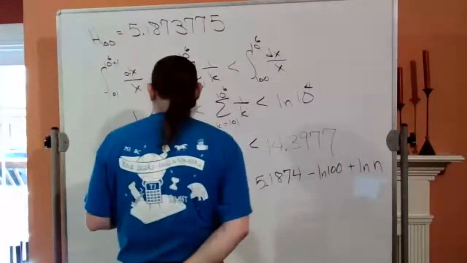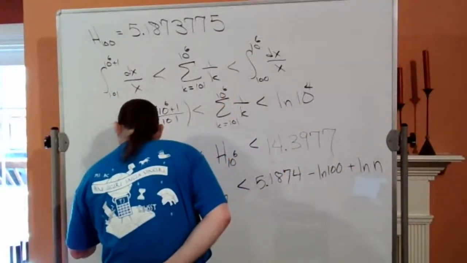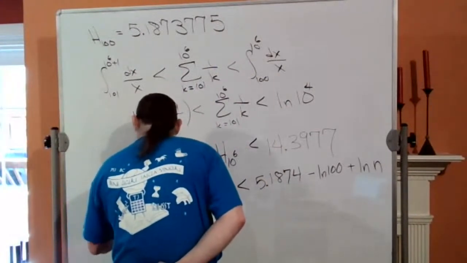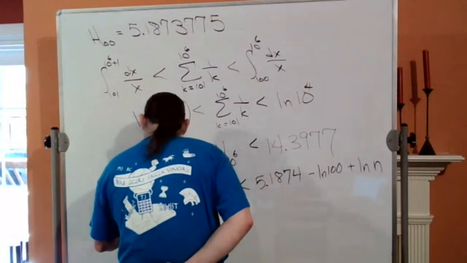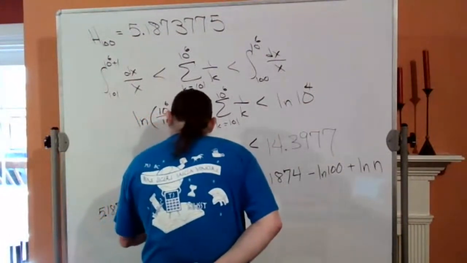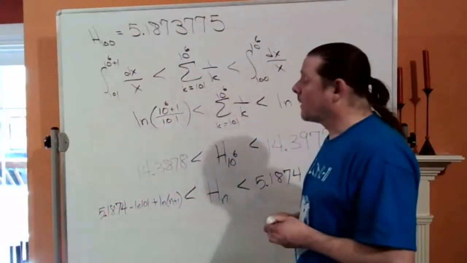And then on the left-hand side, we'll get 5.1874, and then it's going to be minus the natural log of 101 plus the natural log of n plus 1.